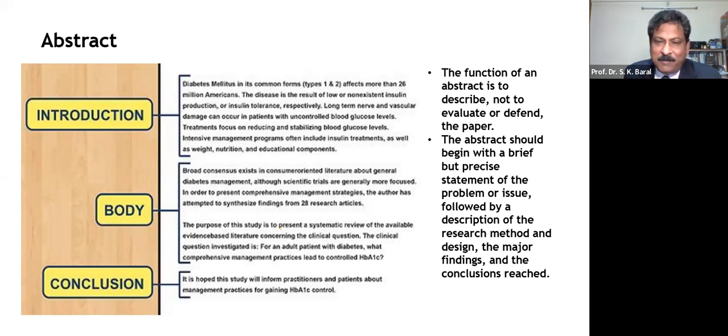It gives a big window for the reviewers to enter into the subject. It is a kind of window you have opened for them to see what you have written in your paper.